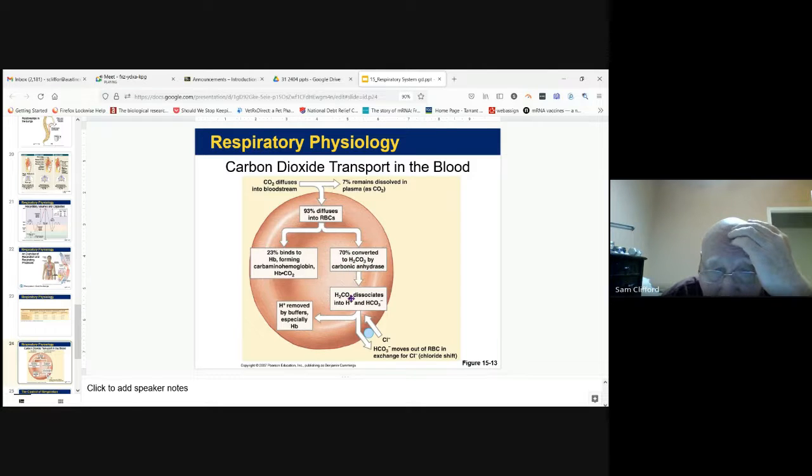That carbonic acid dissociates into H+ and bicarbonate. And so most of the CO2 ends up carried dissolved in the plasma.